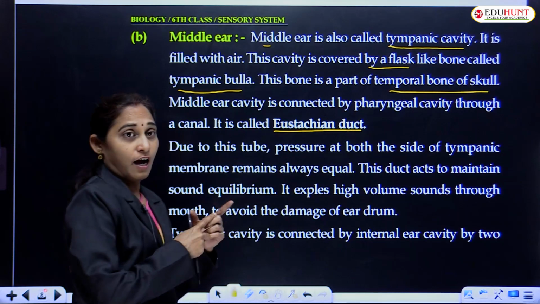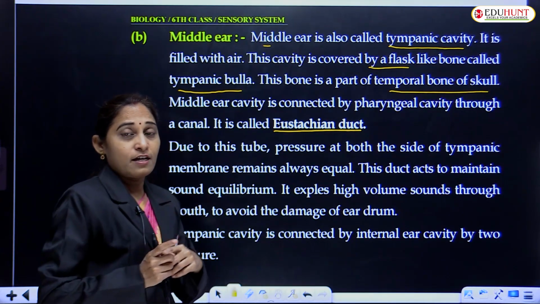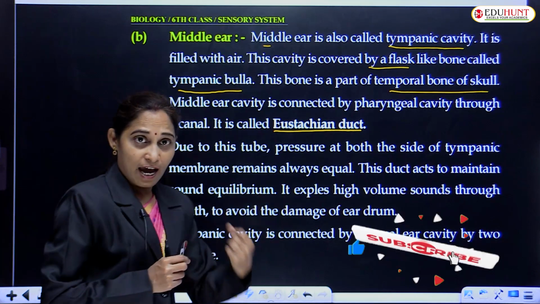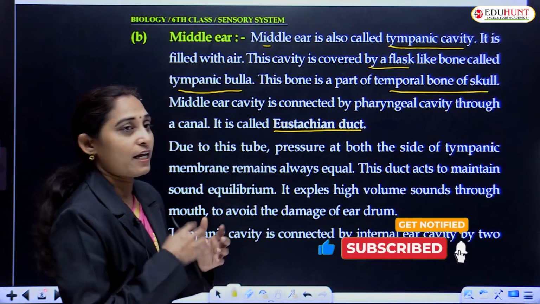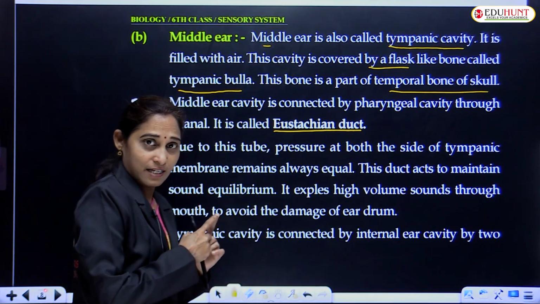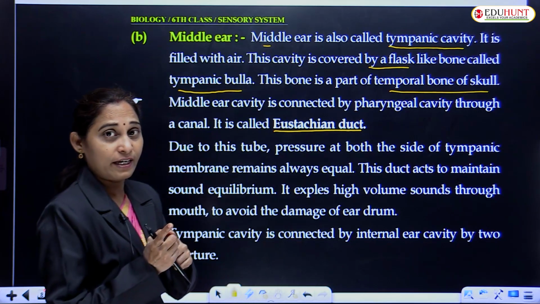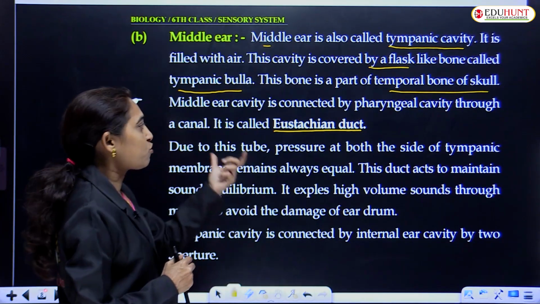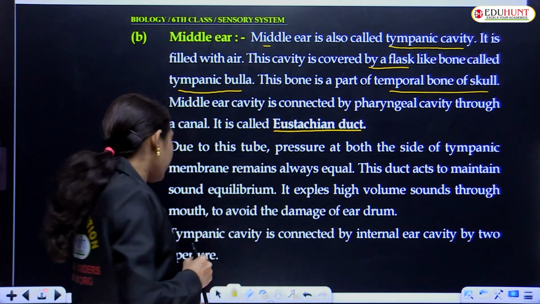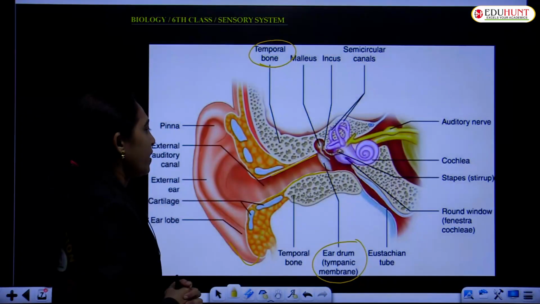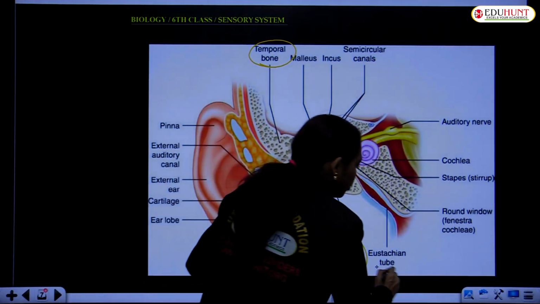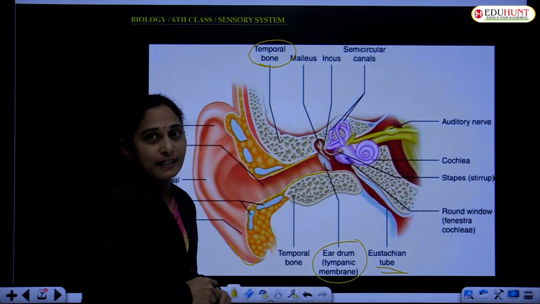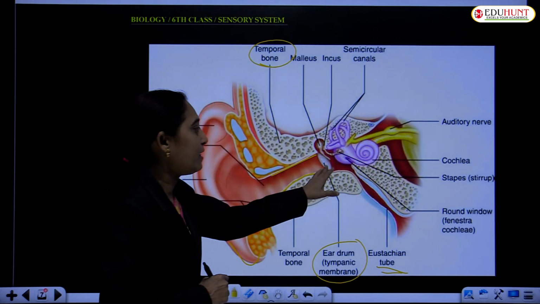This is a channel that connects the middle ear, that is the tympanic cavity, to the pharyngeal cavity by a small canal called the eustachian duct or eustachian tube. This is the eustachian tube where it connects the tympanic cavity with the pharyngeal cavity.